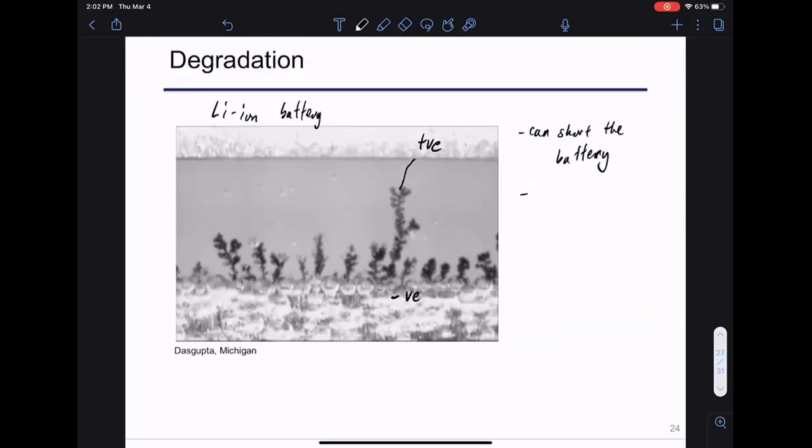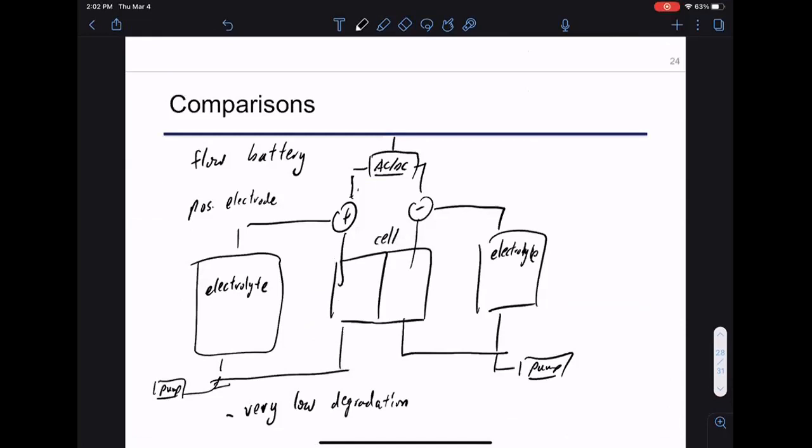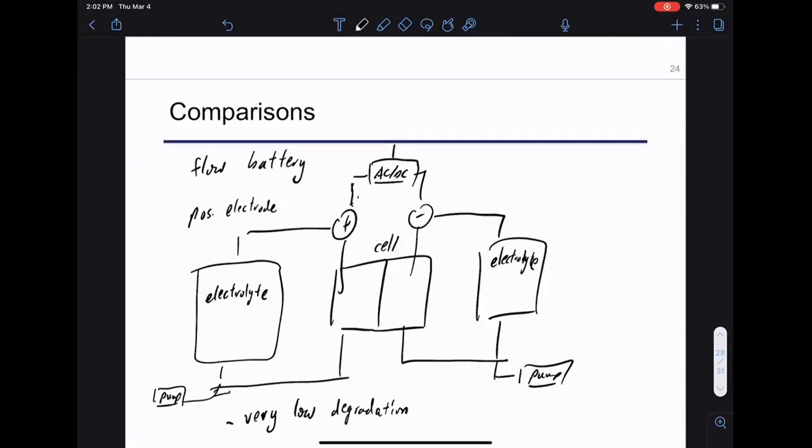The problem with lithium ion degradation is that it is not reversible. Once it builds up, it's very hard to get rid of. Whereas in this flow battery, you're pumping everything around, and I think in practice you have very low degradation, almost as if there's no degradation in the battery.